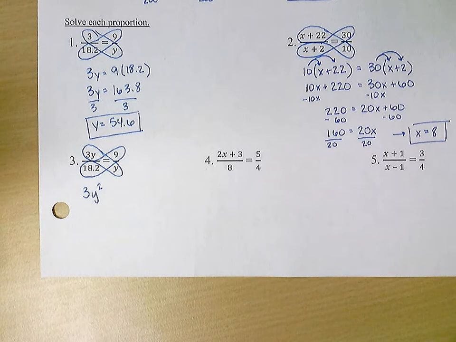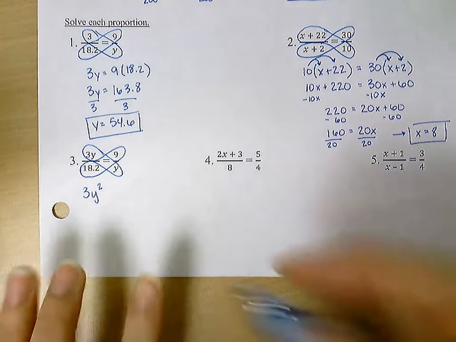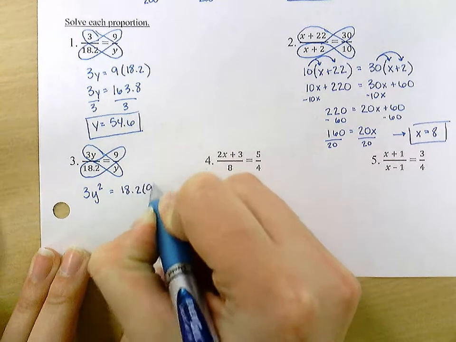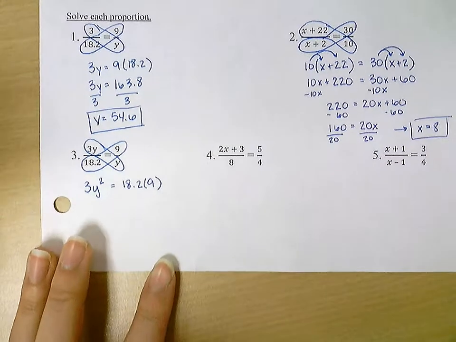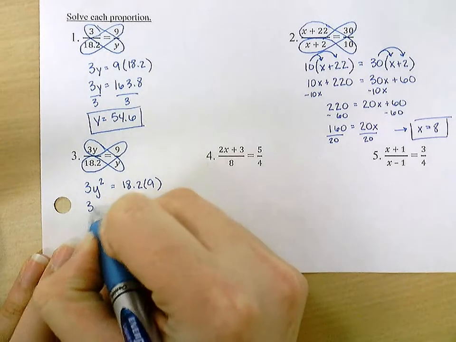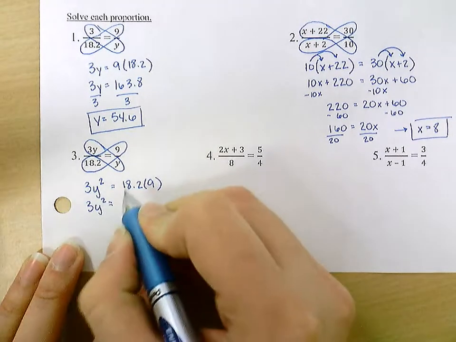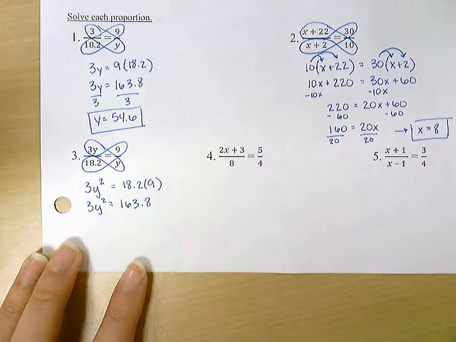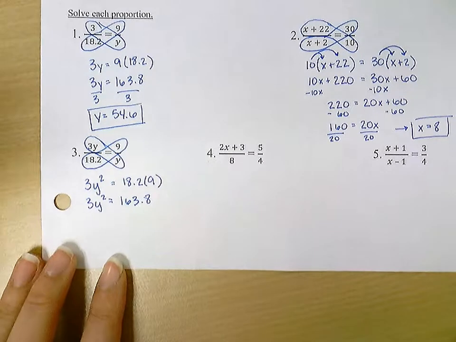If you multiply a variable and a variable, it becomes squared. Okay? Then I have 18.2 times 9. So we have 3y squared is equal to 163.8. What's my next step to solve for y?